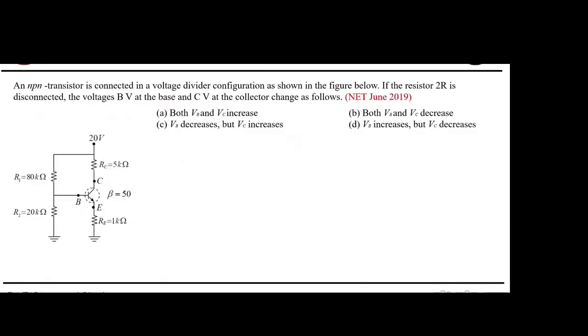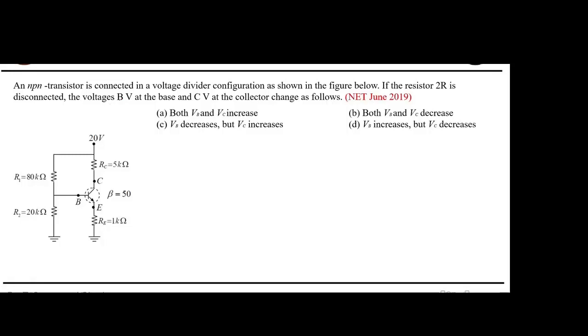Okay, now this was asked in NET 2019. Now see, the circuit is something different from what we have done earlier, right? But don't worry, you just have to apply the same rule. Now let us try to break down this circuit.